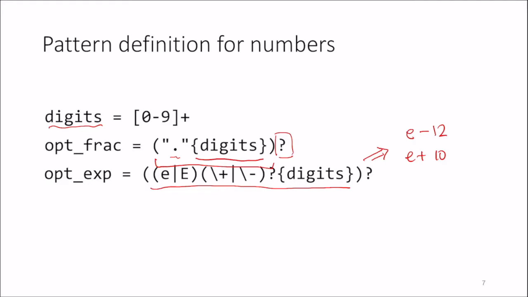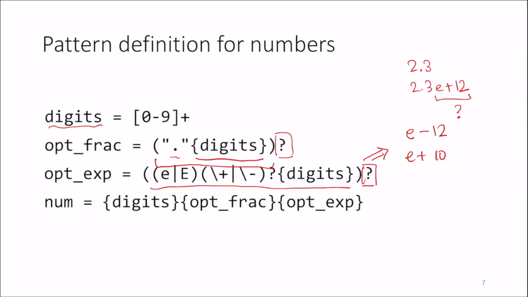Again, it's optional. I can have one of them, or I could have none of them. So I could have a number like 2.3, or I can have 2.3 e plus 12. This part is optional, which is why we use a question mark to represent it in the regular expression.